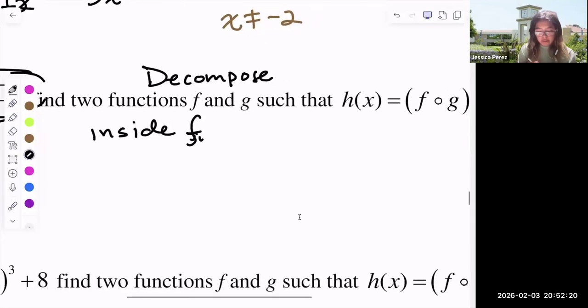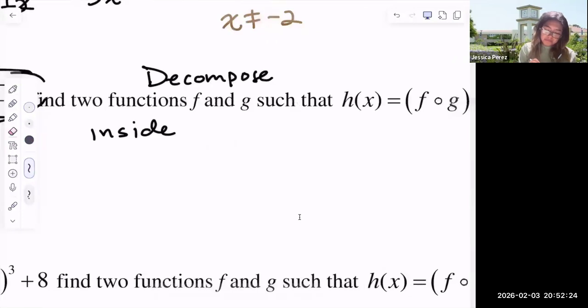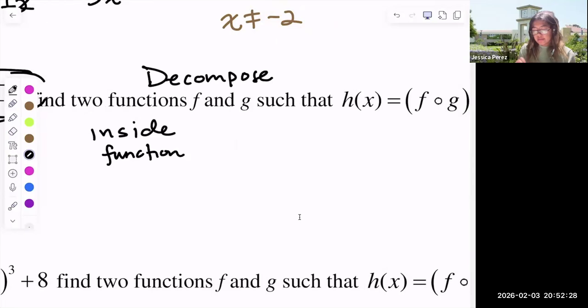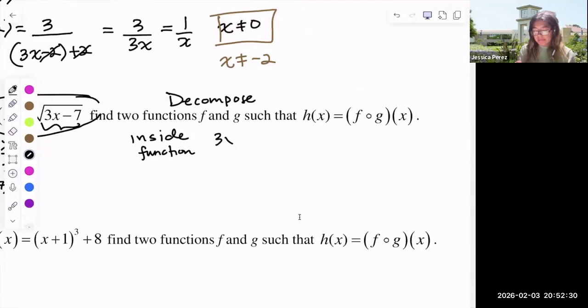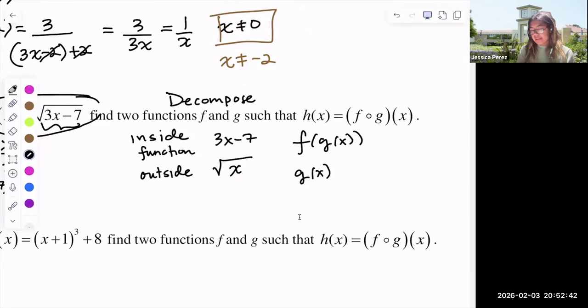So the inside function is the 3x minus 7, where the outside function is the square root function. So then if we have f of g of x, who's the inside? G of x is the inside, which is 3x minus 7, and f of x is the outside, which is the square root of x.